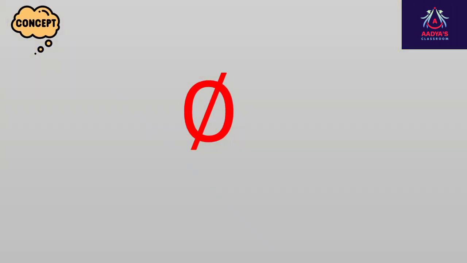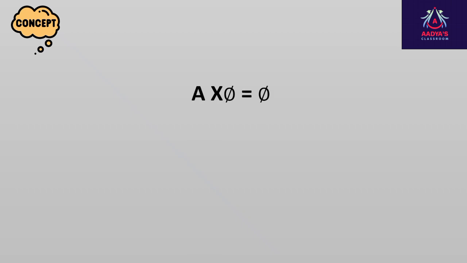Well, using the symbol ∅, what do we represent? We represent an empty set or a null set or a void set. Now, this is a very important condition to keep in mind. That is, A cross null set, or empty set, or void set will give us an empty set. Okay, it's as simple as like we say, right?